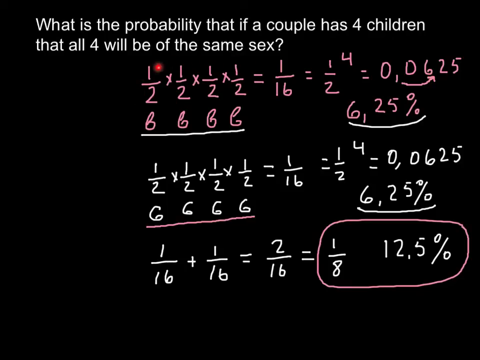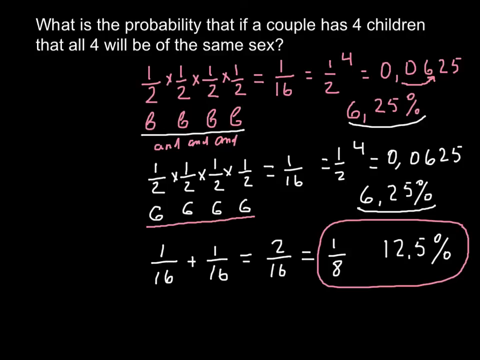I just want to add, when you have independent events like here, each time we have to ask ourselves what the chance is for our first child to be a boy, and second to be a boy, and third to be a boy, and fourth to be a boy.